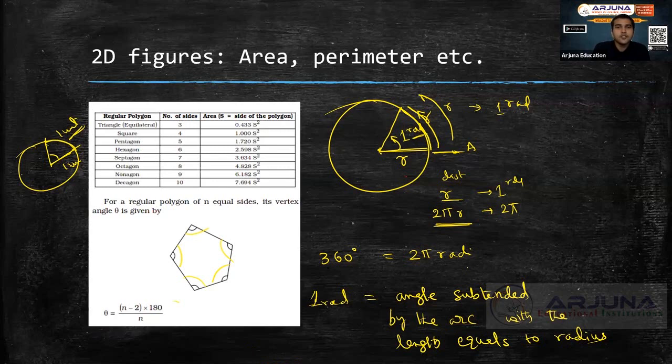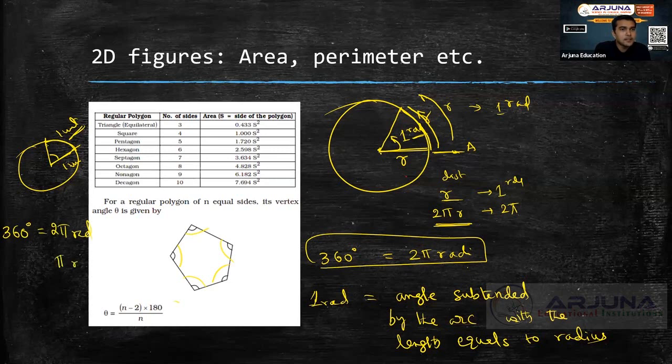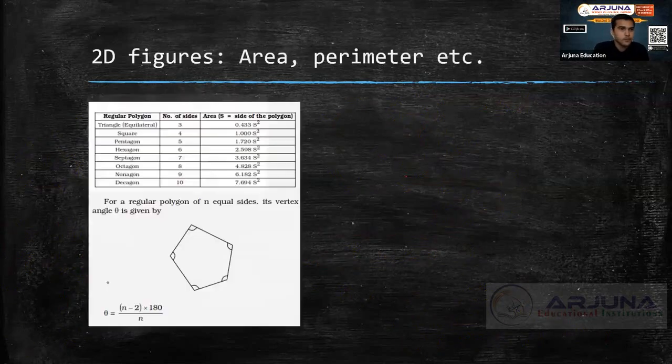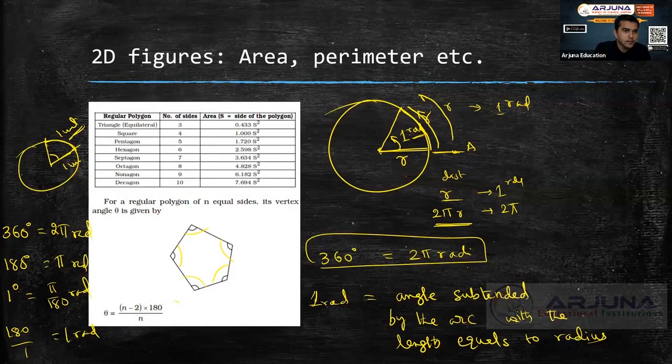So 360 degrees is equal to 2 pi radians, and I want to convert degrees into radians. So pi radian is equal to 180 degrees. 1 degree is equal to pi by 180 radians. And 1 radian is equal to 180 by pi degrees.